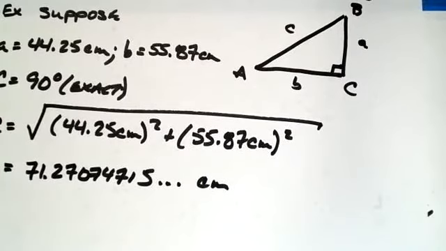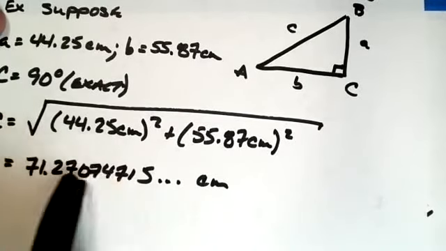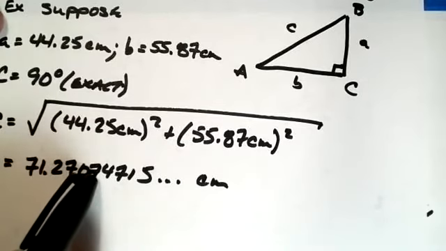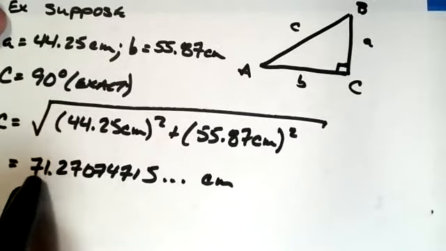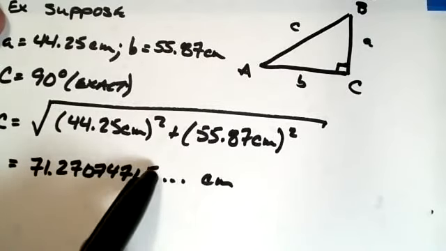But as you recall, we said that you want to always use the numbers given in the origin of the problem. When we finish applying significant digits, this is going to come out as 71.27 centimeters, and there's this leftover change.